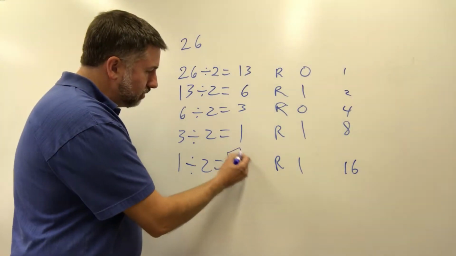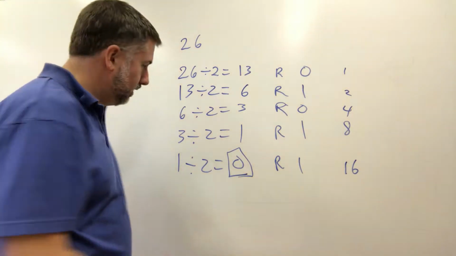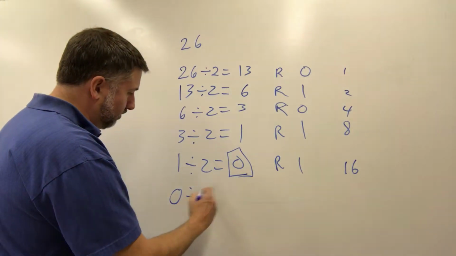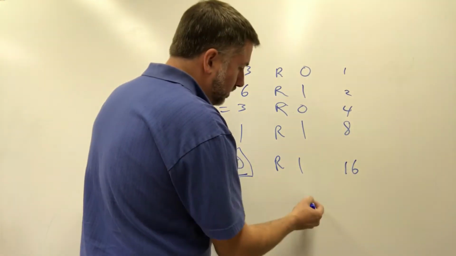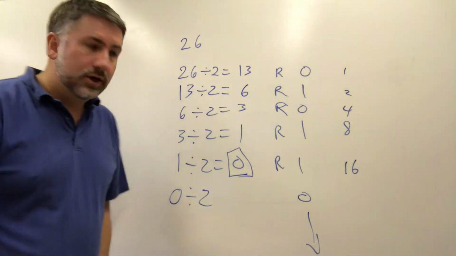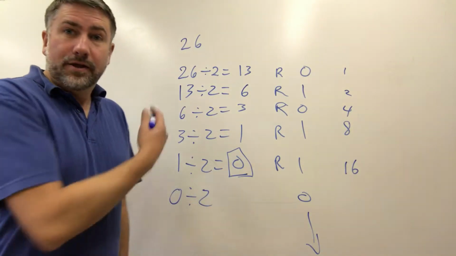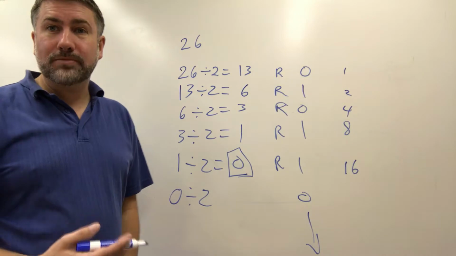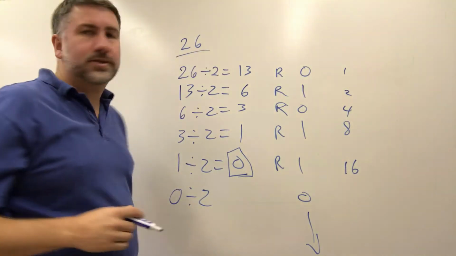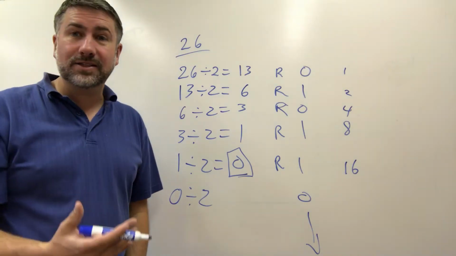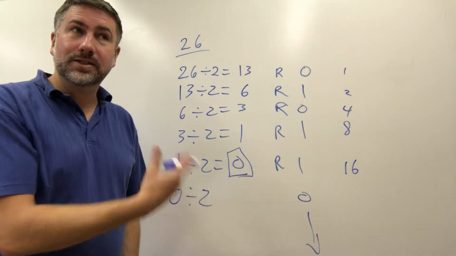When we have 0 here, we know we're done. Because we can't do 0 divided by 2. I mean, we could. It would be 0, remainder 0. We just get zeros all the way down here. So that 0 tells us that we're done. This repeated division by 2 is our way to figure out what bits are going to be in that number. And it's analogous to how you would do this in a base 10 system.